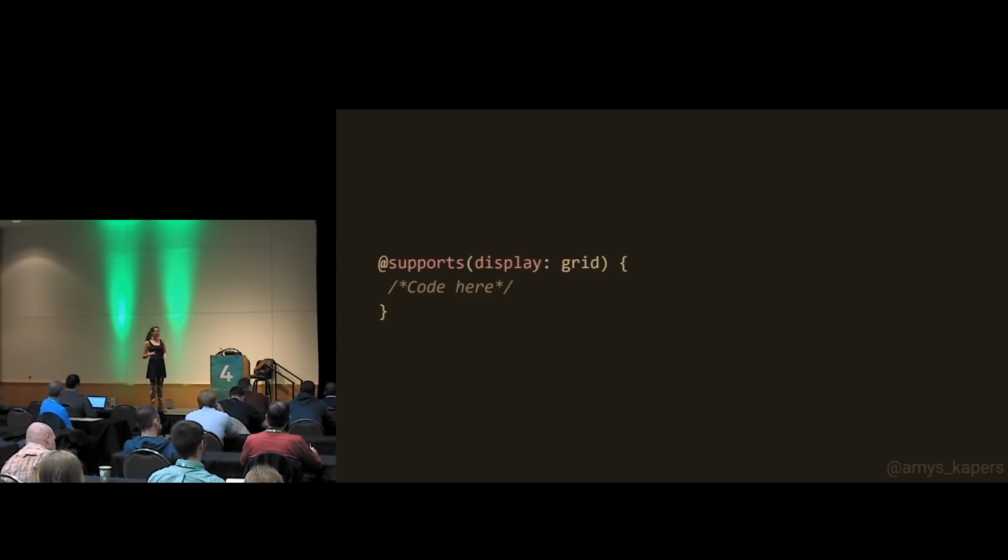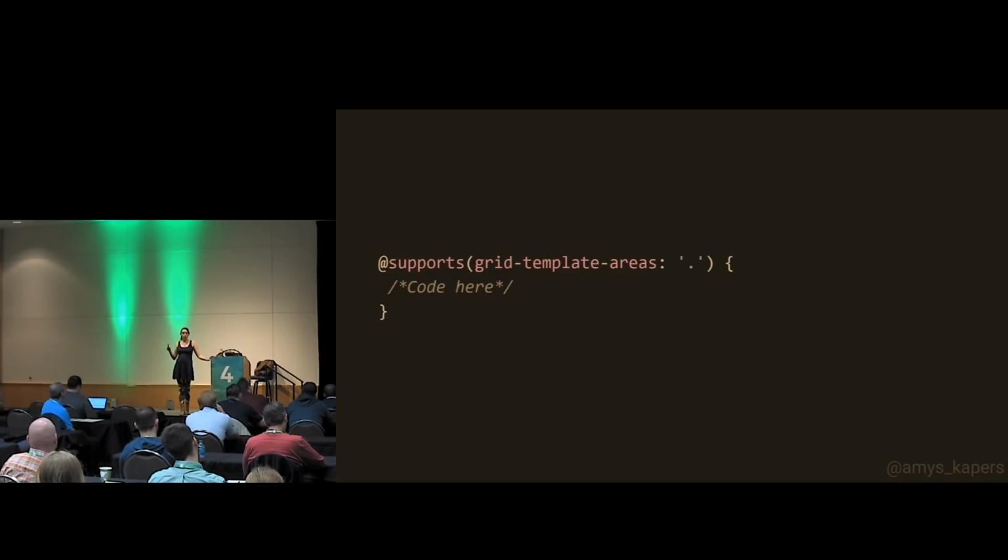So what you can actually do is, instead of using display grid, you can test for a different grid property that IE definitely doesn't know what to do with. For example, I use grid template areas, because that's not something that's supported in IE. You don't actually have to define areas there, so just putting a dot means I just want to have one area.